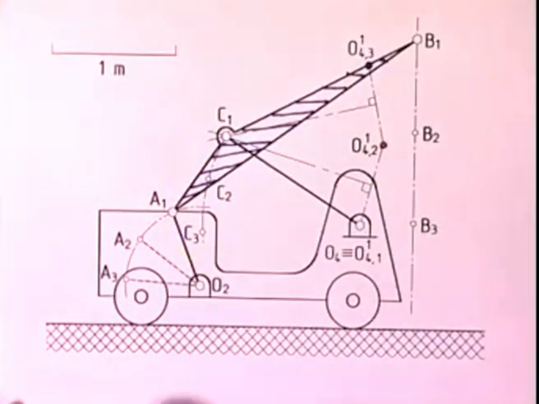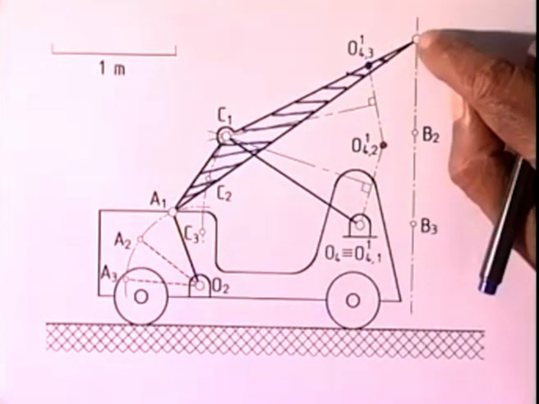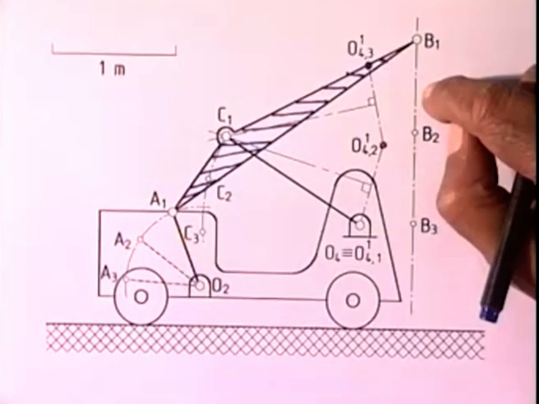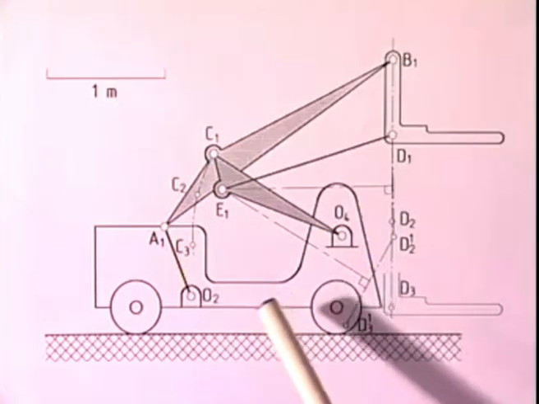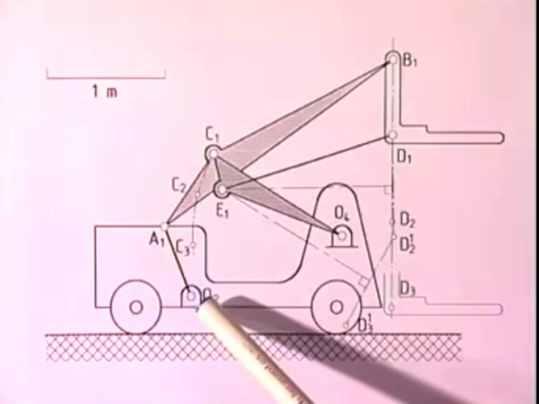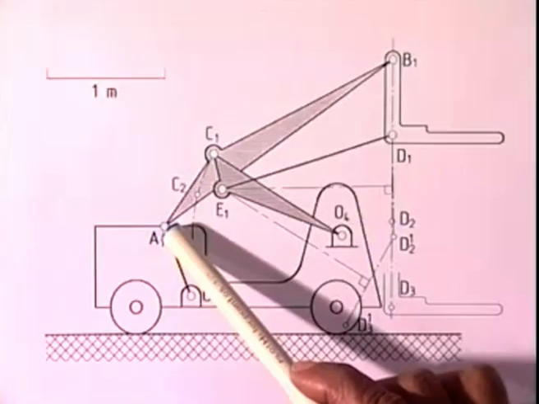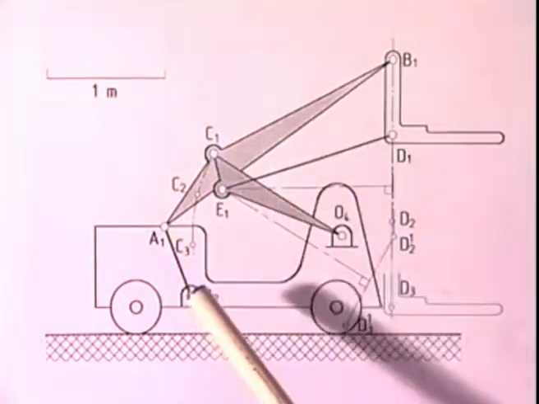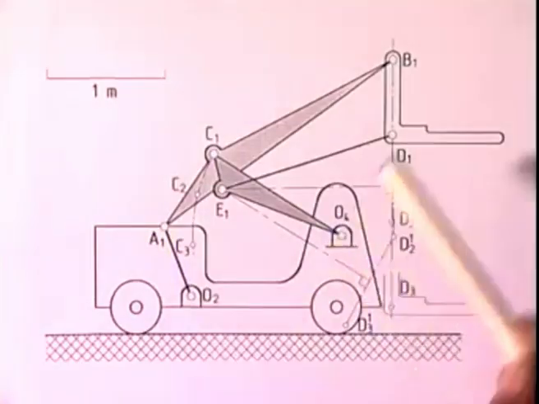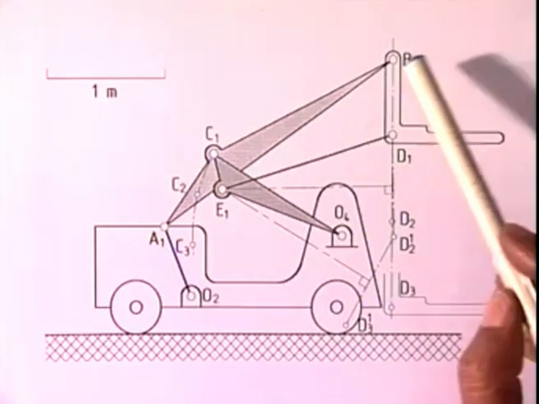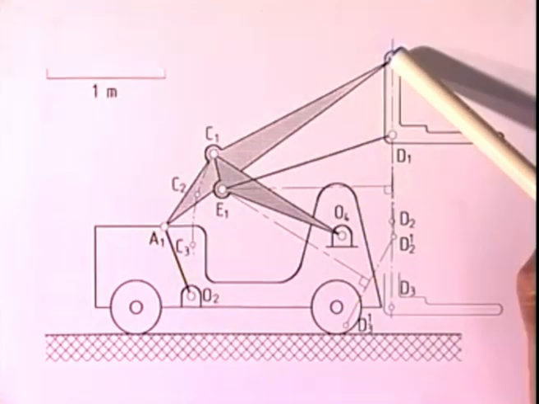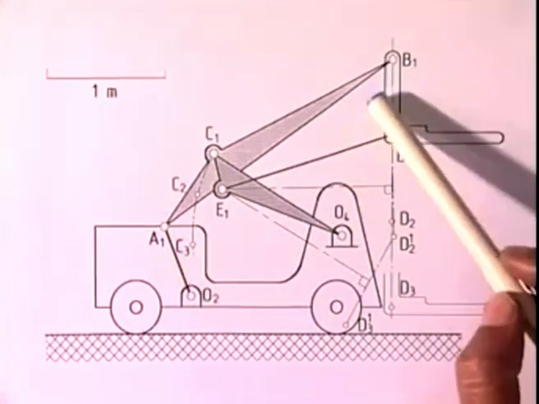In the third stage, I will convert this to a 6-link mechanism such that BD, which is not seen here, will be my fork of the lifter. So at the end of the second stage of the synthesis, we have determined A1, C1. We had already chosen O2, O4 and this vertical line on which I had B1, B2 and B3. But if this fork is hinged at only one point, this will be swinging like a pendulum.